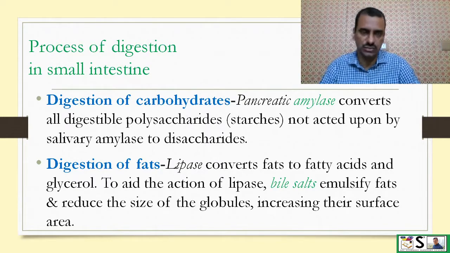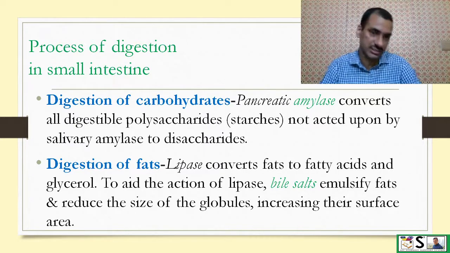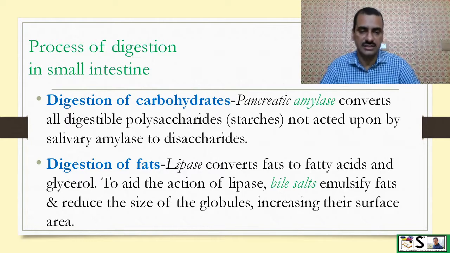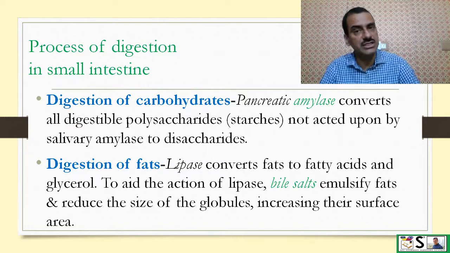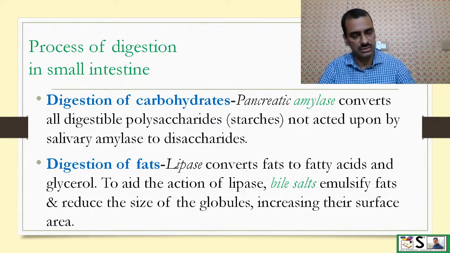To aid this action, bile salts coming from the gallbladder also help. They emulsify the fat and reduce the size of globules, increasing their surface area, and lipase acts on this fat.